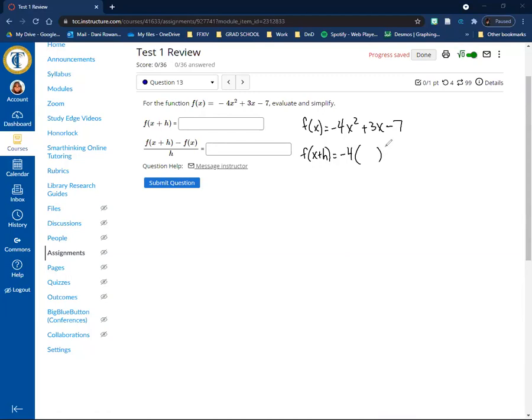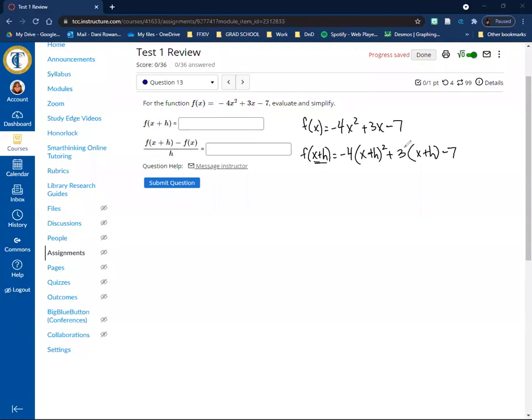And again, remember, whatever we're plugging in for x, we put in parentheses. Since we're plugging in x plus h, we will put that x plus h in the parentheses. Are we done here? You'll need to distribute.